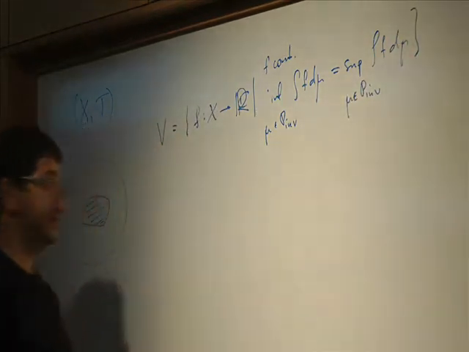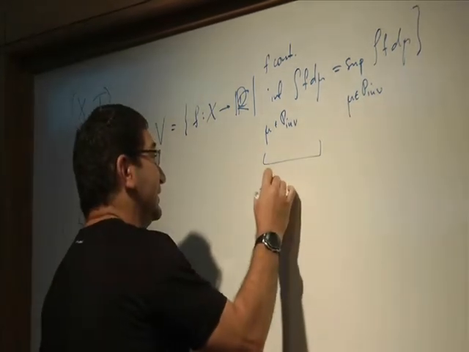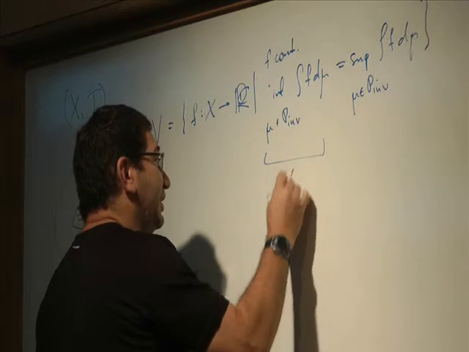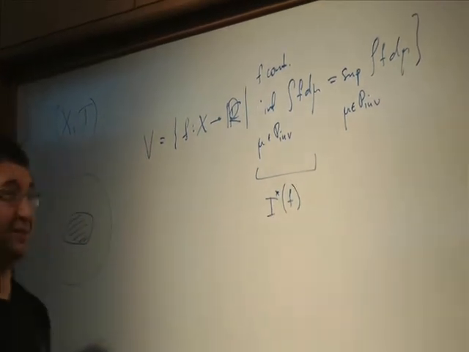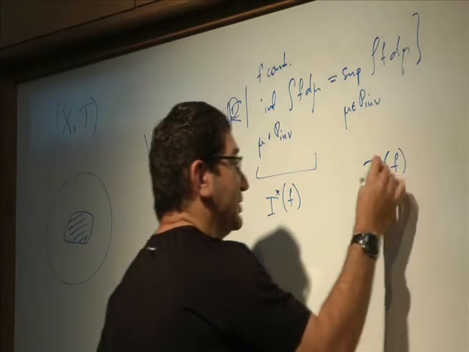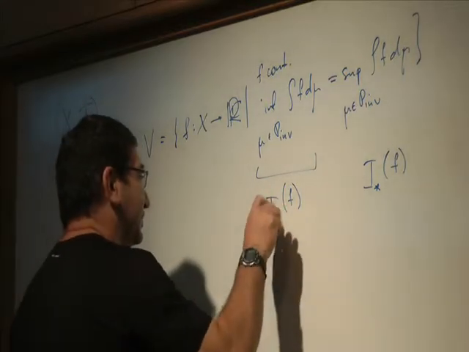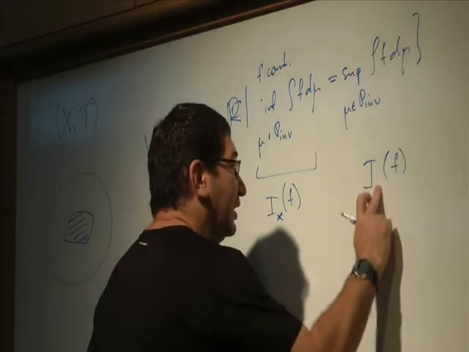So you can think of this as some kind of upper integral value of f, and this is the lower. So these are just some numbers associated with a continuous function. They can always be defined.